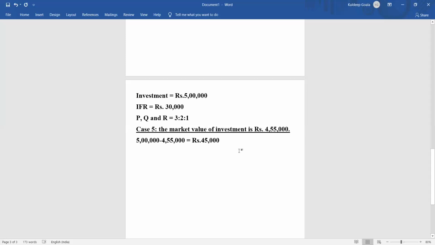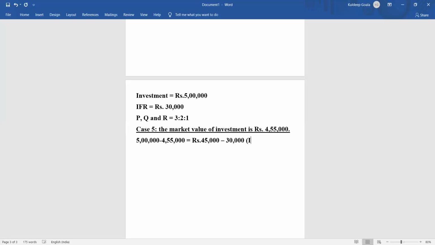The value of investment was 5 lakh. Today it is 4 lakh 55,000. So what is the loss? Total loss 45,000. From that loss, how much can you make up? The investment fluctuation reserve was 30,000, so you can make up exactly 30,000 from the reserve, the investment fluctuation reserve.